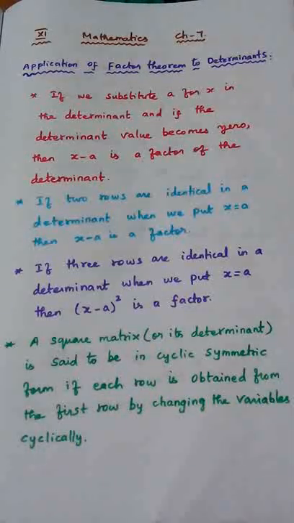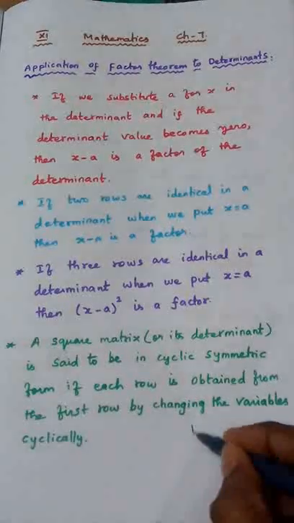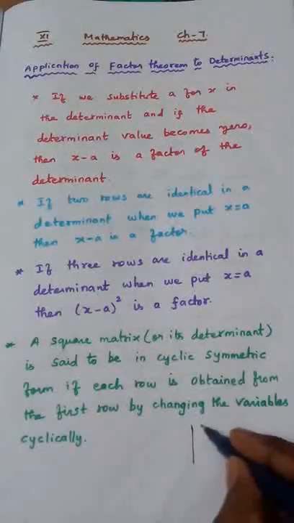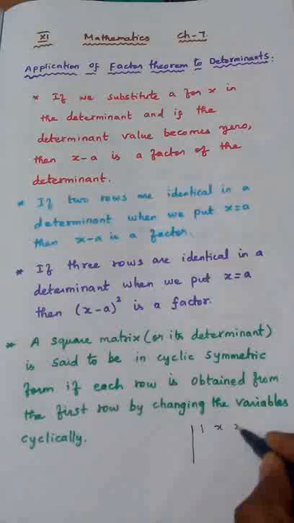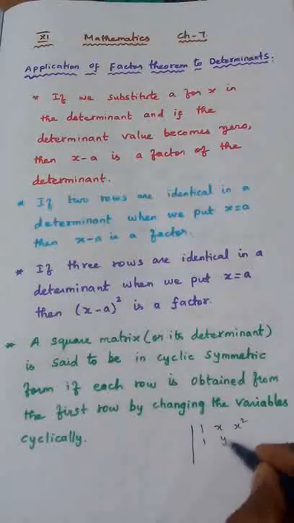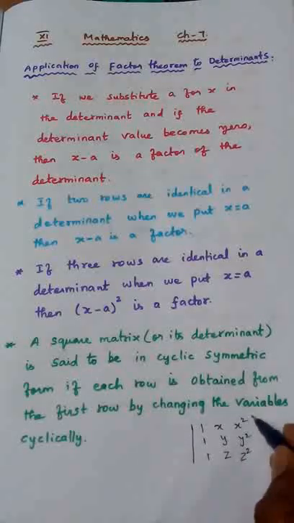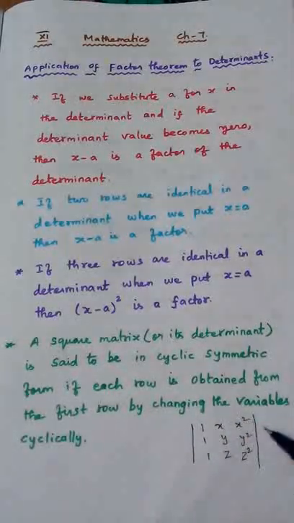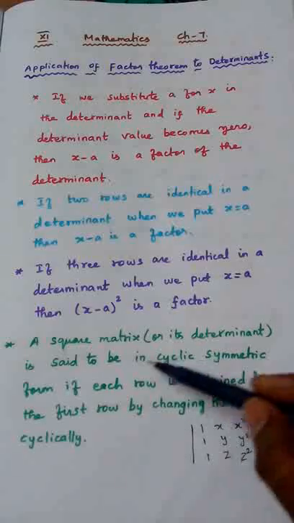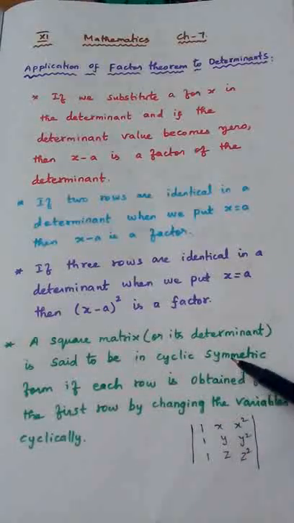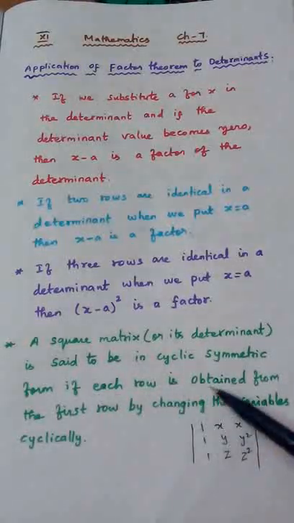For example, suppose I am having a determinant like this: 1, x, x square; 1, y, y square; 1, z, z square.